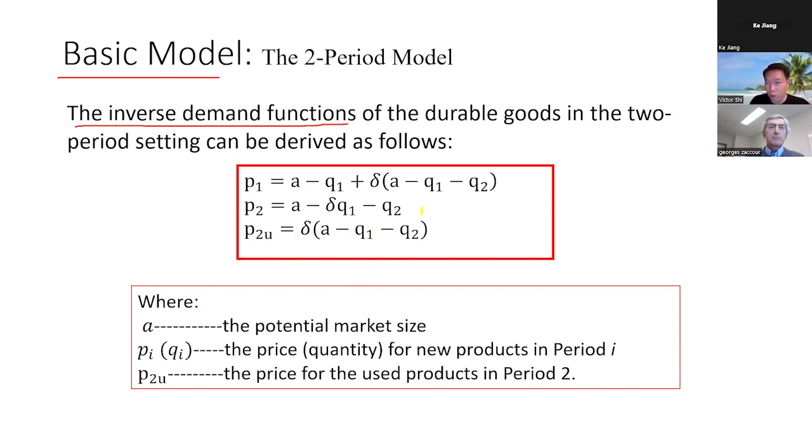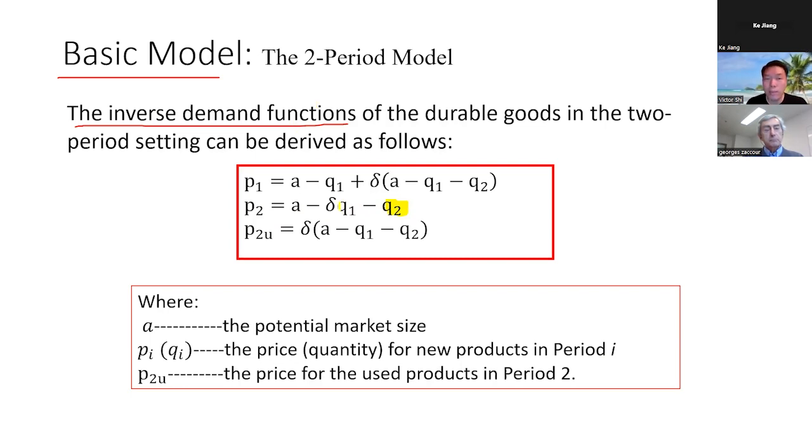There's a derivation process, but one thing to understand is this. P2 is the price of the new products in period 2, the product produced in period 2, that's the price you're going to charge the customers. Now, in the second period, you have Q2 new products, because Q2 is the new products produced in period 2. In period 2, you also have products carried over from period 1.